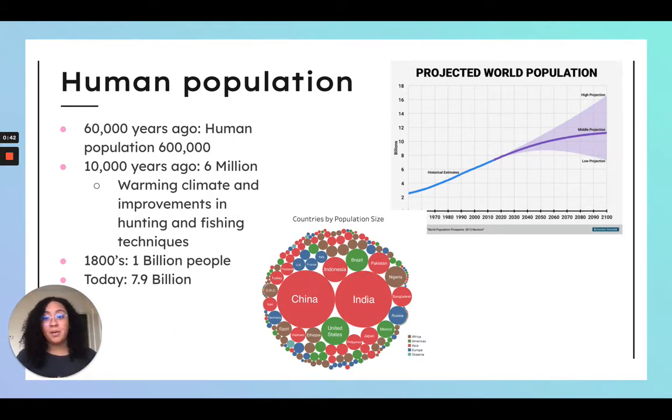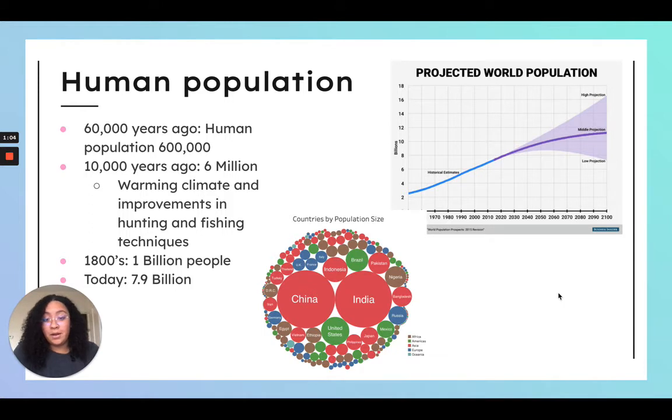That could be from the warming climate, it could be from improvements of hunting and fishing techniques, and then around the 1800s, we were at 1 billion people. And then today we're at 7.9 billion people. So we can see that's a huge increase from 60,000 years ago.